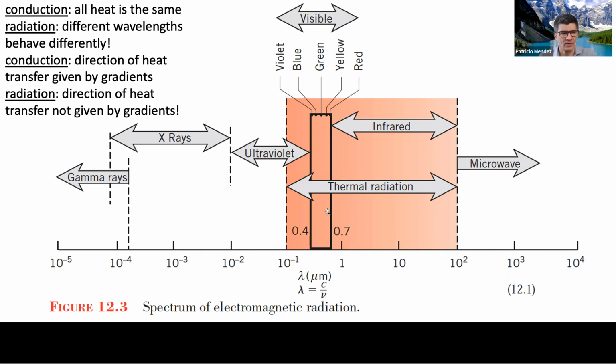Now, thermal radiation is beyond what we see. Of course, part of thermal radiation is infrared. Infrared are those long wavelengths, right? And this would correspond to more or less 30 Kelvin, these 100 microns, very long.